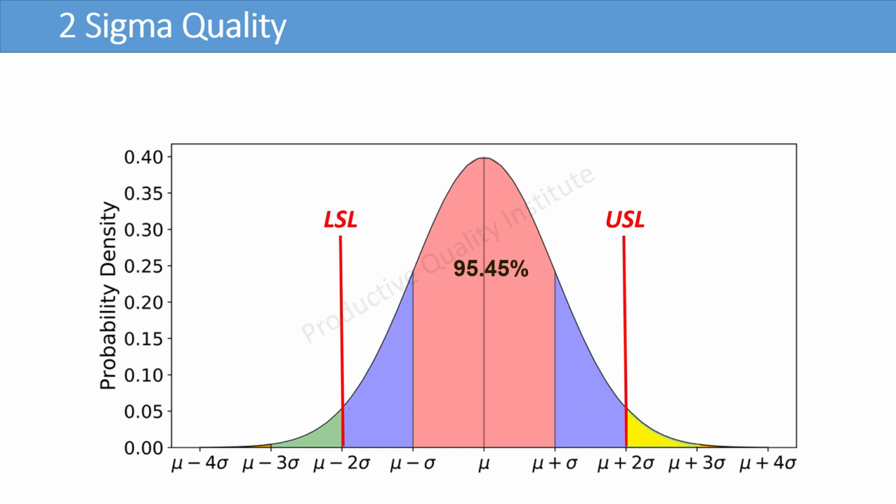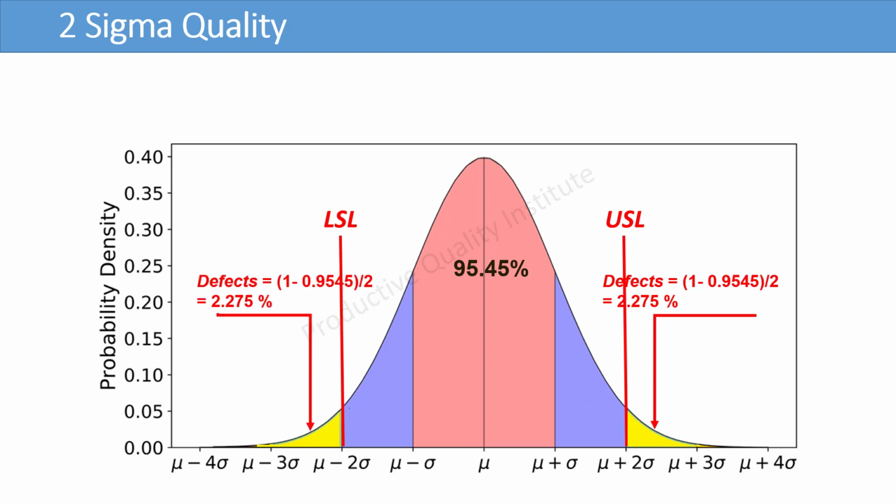The area outside the upper specification limit, which is considered a defect, is equal to (1 minus 0.9545) divided by 2, which is 2.275%. The same holds for the area outside the lower specification limit: 2.275%.